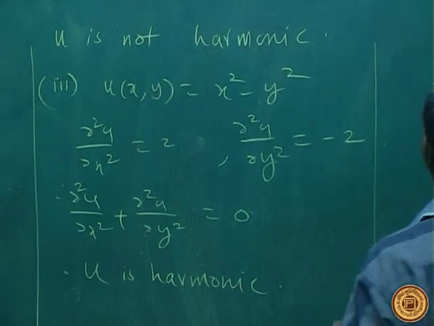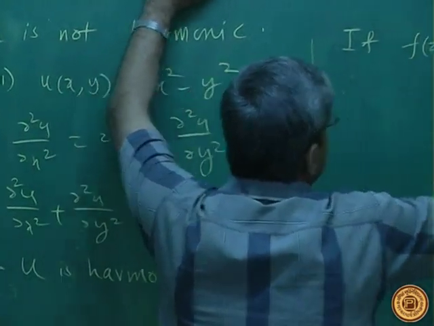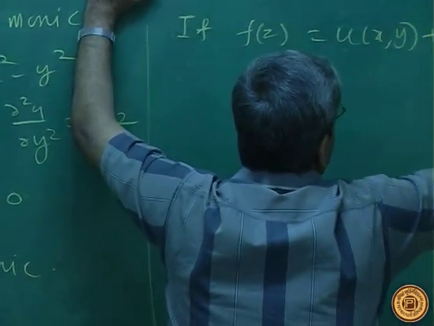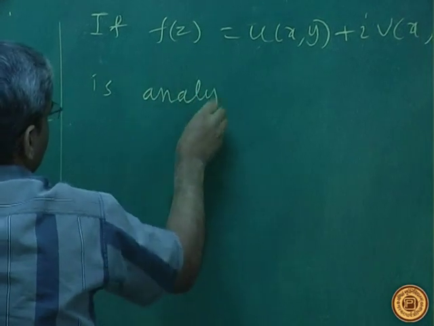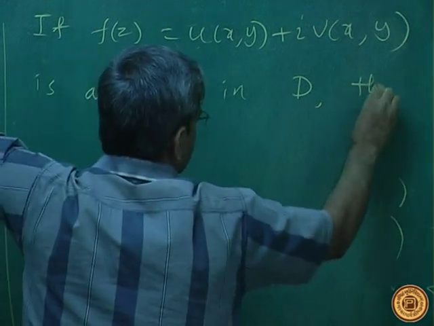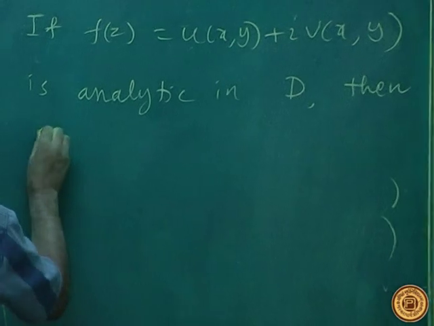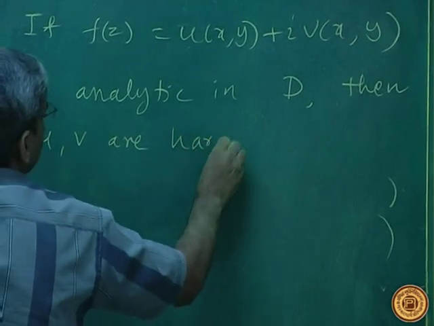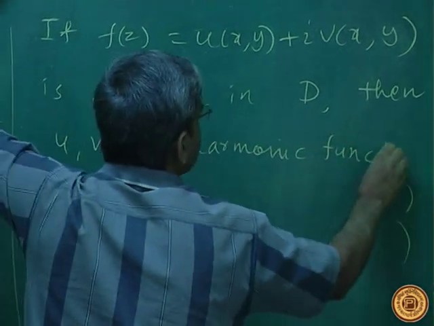So what I am saying is that suppose f(z) is equal to u(x,y) plus i v(x,y) is analytic in D, then u and v are harmonic functions. That means they satisfy Laplace equation.